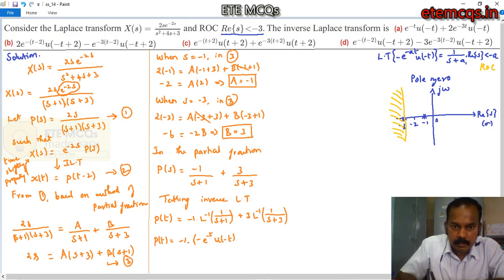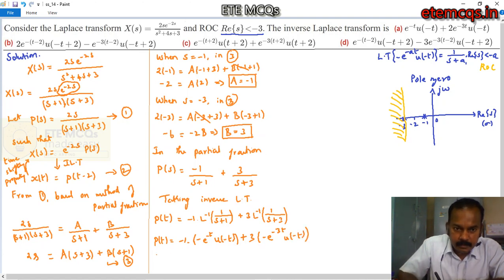So this is the first inverse Laplace transformation, plus 3 times Laplace inverse of 1 by s plus 3, which is minus e power minus 3t into u of minus t.